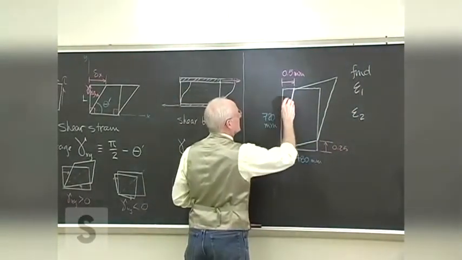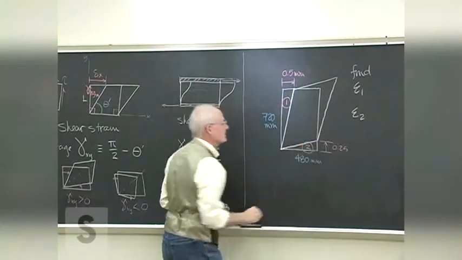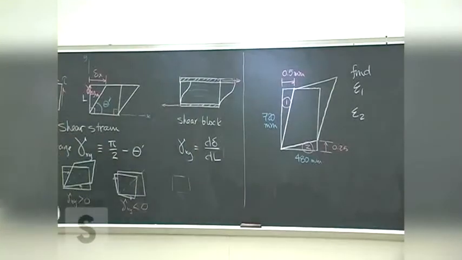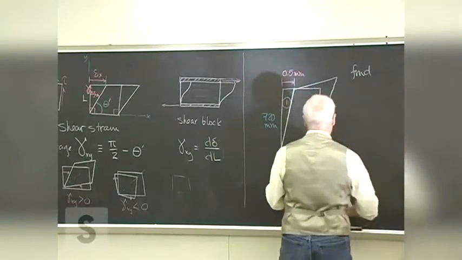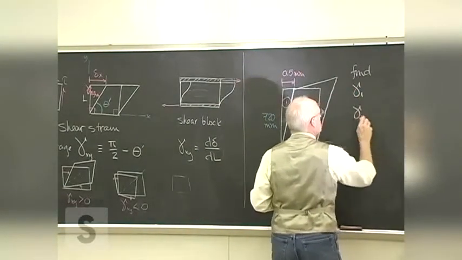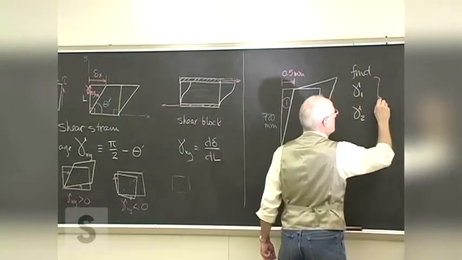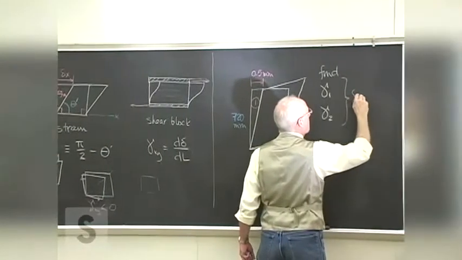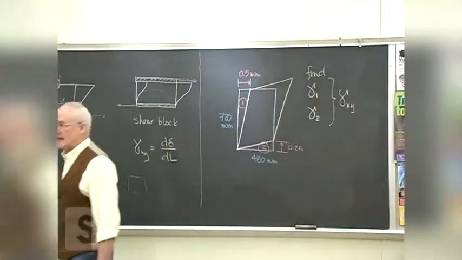So we'll call that deflection 1, and that 2. Gamma 1 and gamma 2, because the total of those is those two things added together.